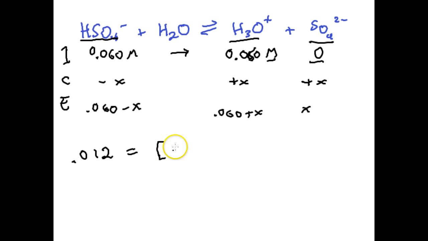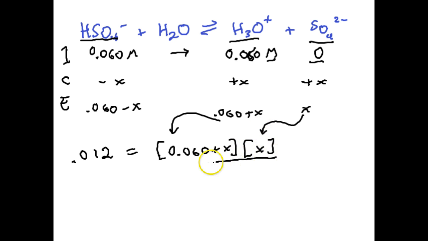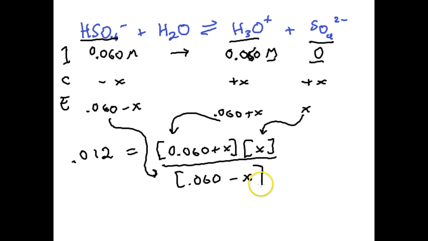So I'm going to substitute in the equilibrium value for H3O plus, which is 0.060 plus x, the equilibrium value for SO4 2 minus, which is just x, and the equilibrium value for HSO4 minus, which is 0.060 minus x. Now, of course, an approximation here would be that you can just ignore the minus x.